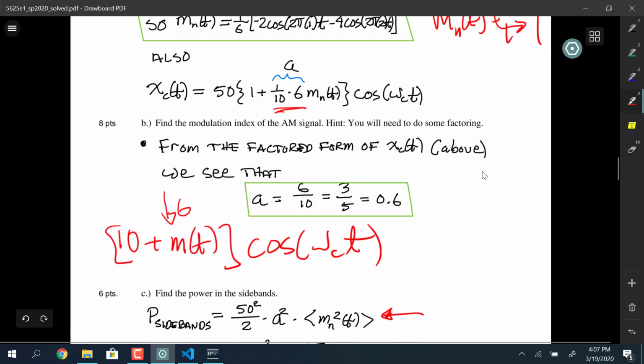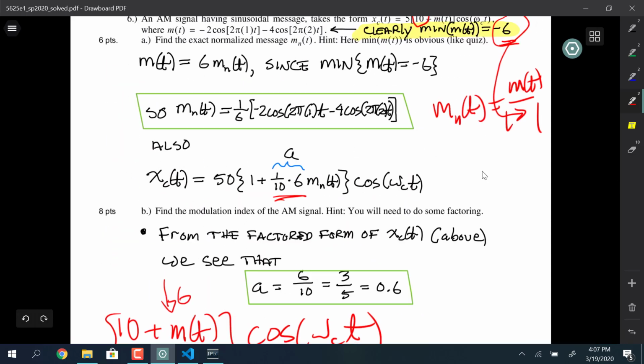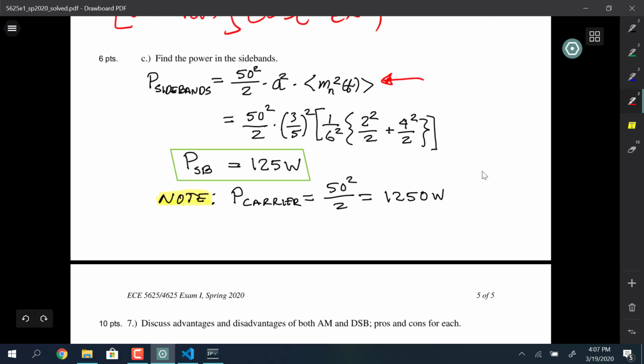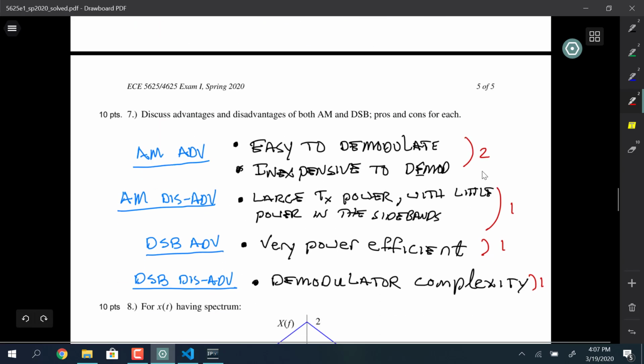You have to take the peak value of each term of the message and square it and divide by 2, and that's what's done here and here. But then you also have to divide through by the normalizing factor squared, so 6 squared. So I got 125 watts, and the carrier power is 1,250 watts.